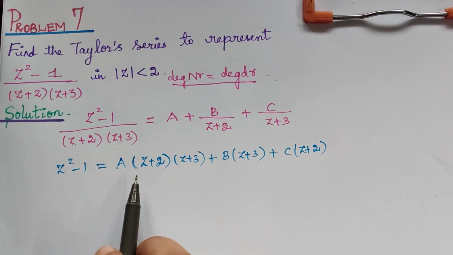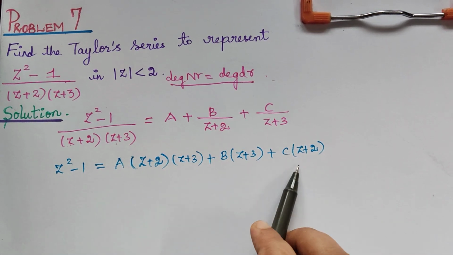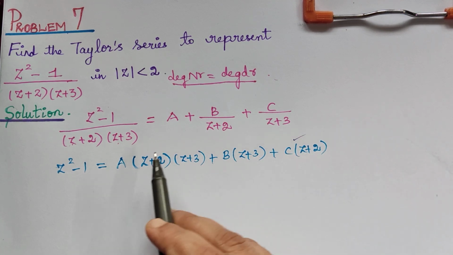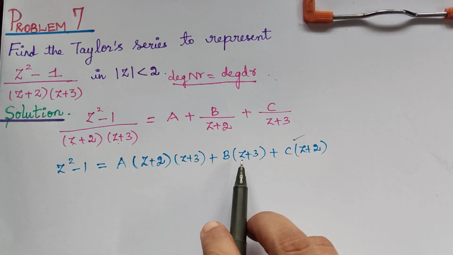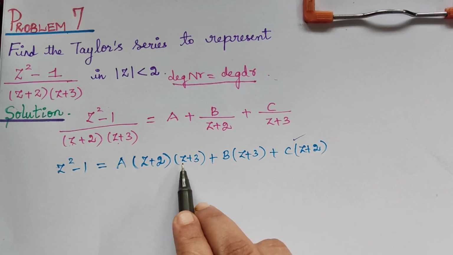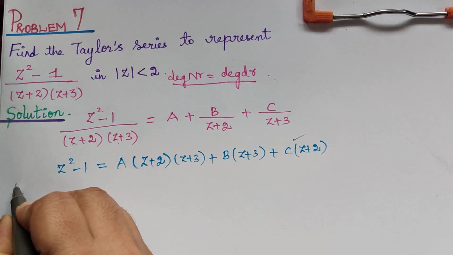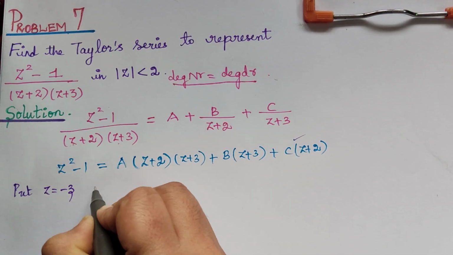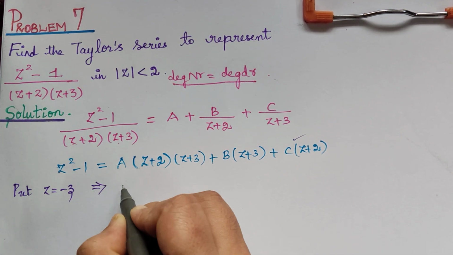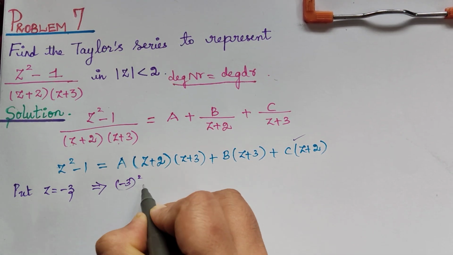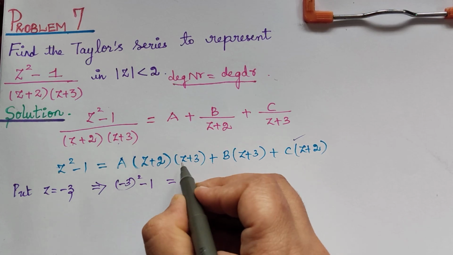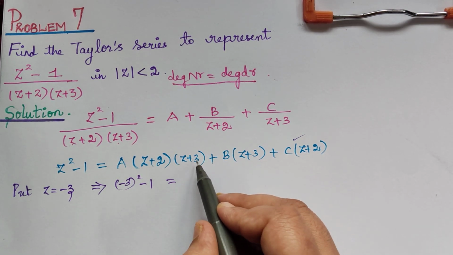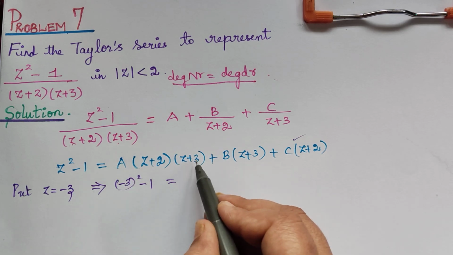So now here we have to find the values of a, b and c. First we shall find the value of c, for which we should make a and b, that is these two terms, 0. So we have to put z equal to minus 3. So what do we get? Minus 3 square minus 1 is equal to, this term becomes 0, because minus 3 plus 3 becomes 0 and the whole term becomes 0.